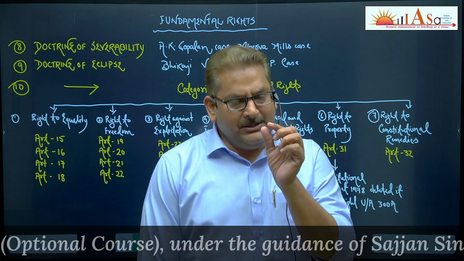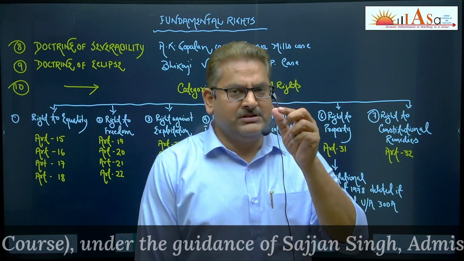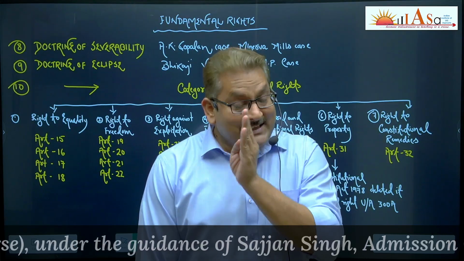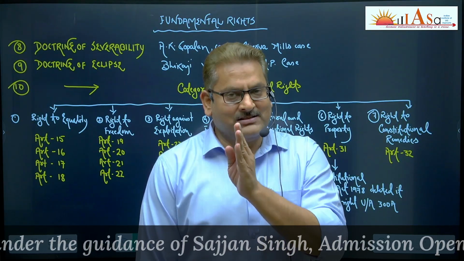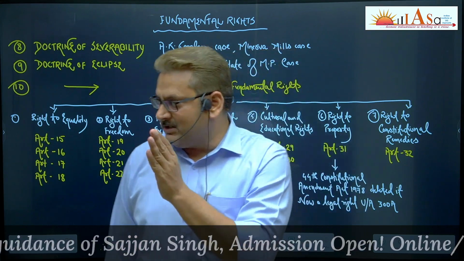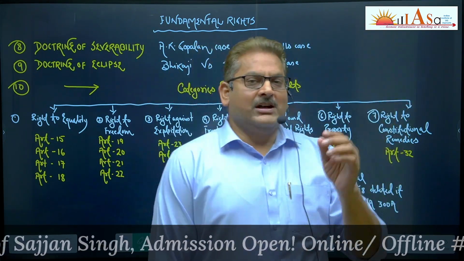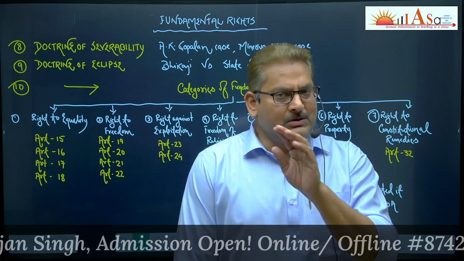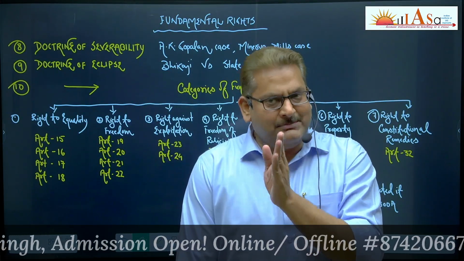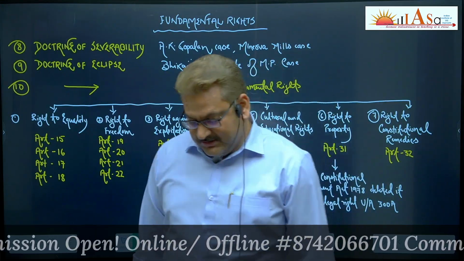that if any provision or number of provisions in a law are found to be inconsistent with or in derogation of fundamental rights, to that extent only the Supreme Court can declare it void. That portion can be cut off and the rest of the portions will remain valid. What is the idea behind it?